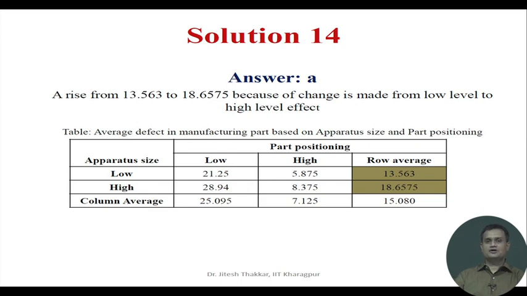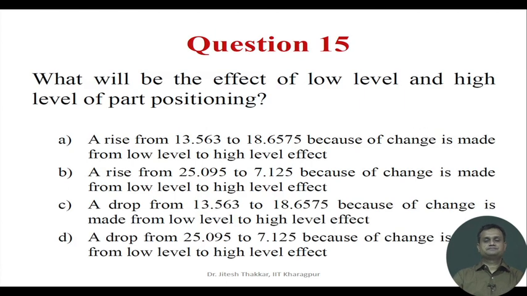You can find column averages, row averages. Here the interpretation is specific to row averages, and hence a rise from 13.563 to 18.675 because of changes made from low level to high level effect.